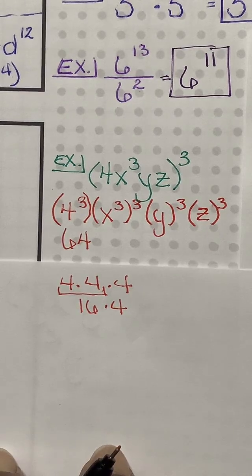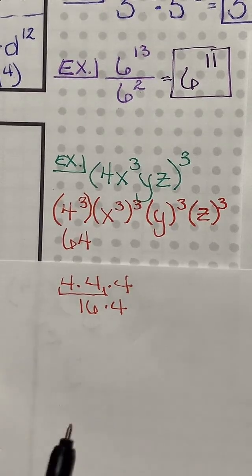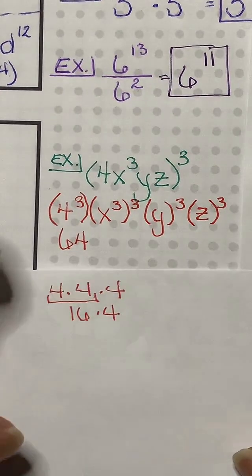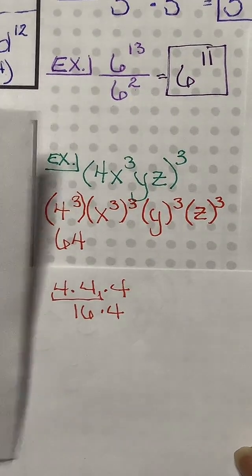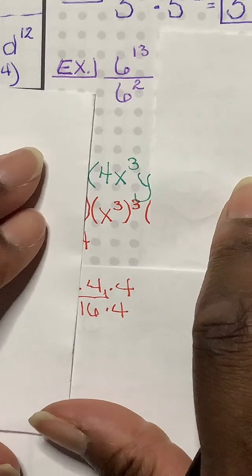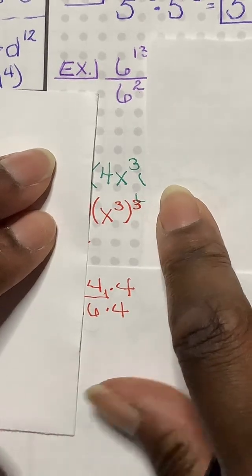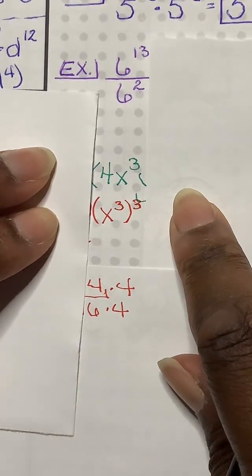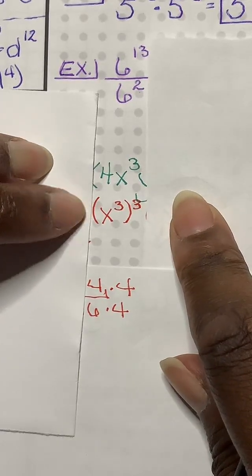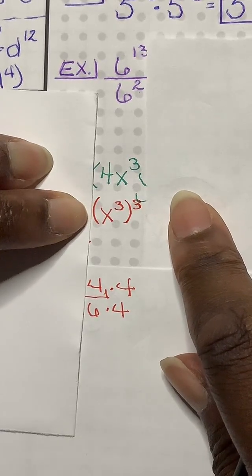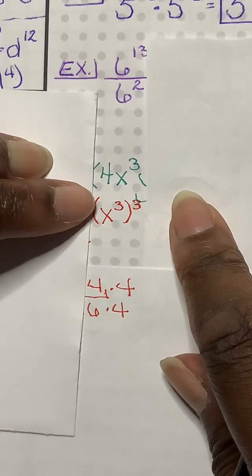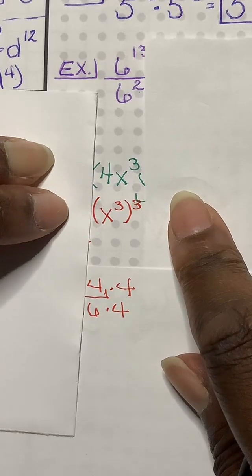All right, good. Now, let's see if I can cover up this so you can zoom in right here. Okay, focusing right in on the red. X to the third, raised to the third.